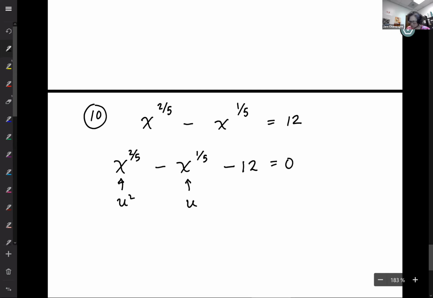Right? The coefficients are just 1s. So u squared minus u minus 12 equals 0, where we have substituted u for x to the 1/5 power, which remember is the 5th root of x.